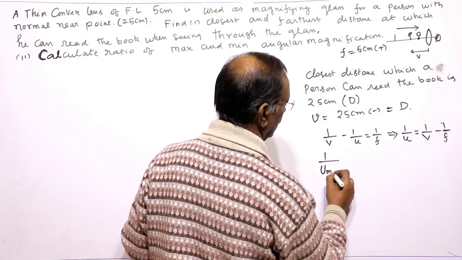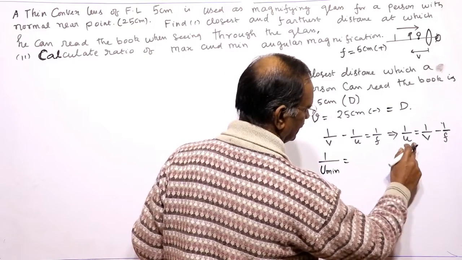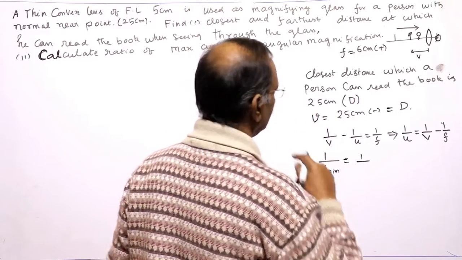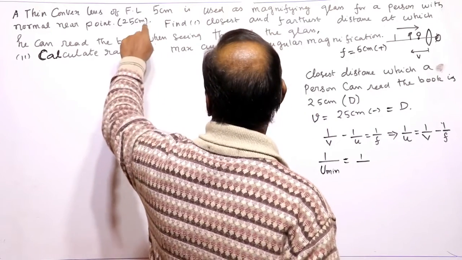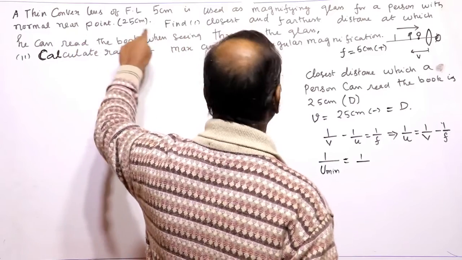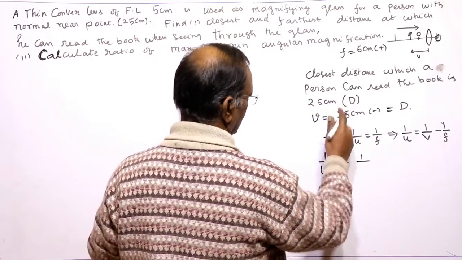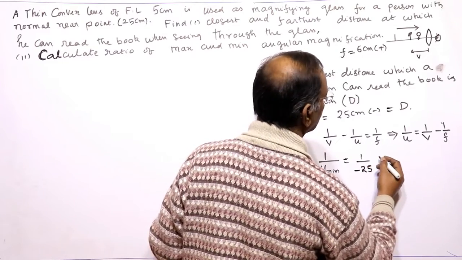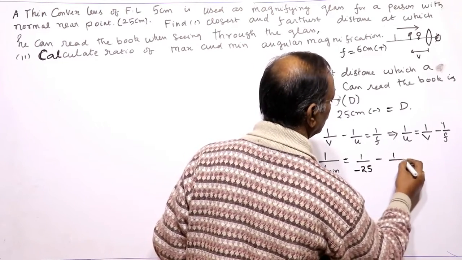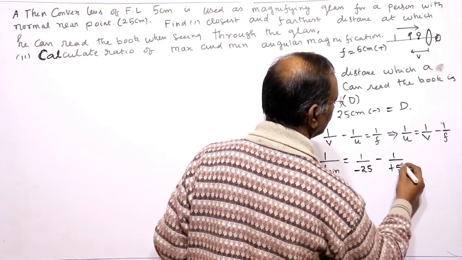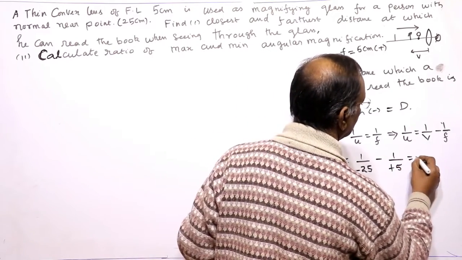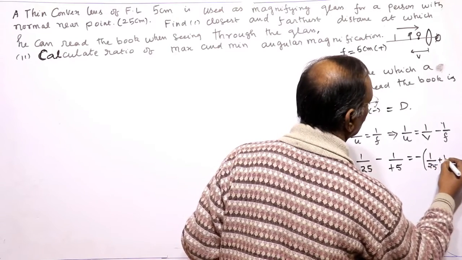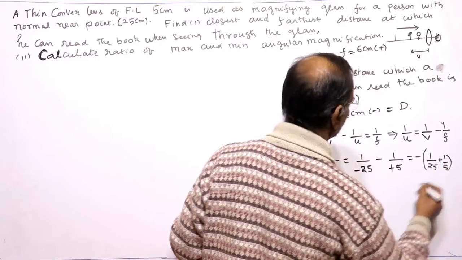U minimum: 1 by U is equal to 1 by V minus 1 by F. For the person's near point, V is equal to minus 25, and the focal length is plus 5. So this is equal to minus 1 by 25 minus 1 by 5.